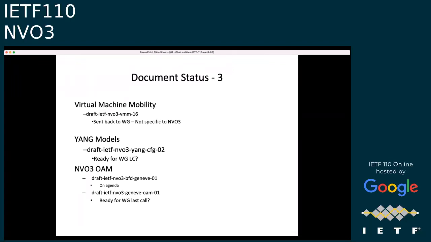Okay. Yes, on that specific document, I think I had communicated back to the working group my expectations. I know that Donald had tried to help the authors rework the document a bit, but still, I think there are a number of questions that the working group needs to bring an answer to.